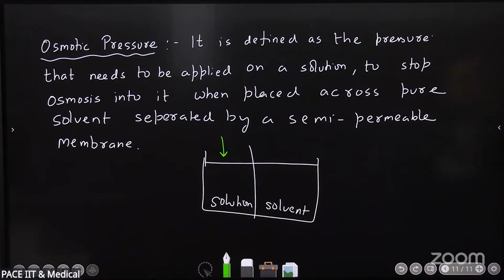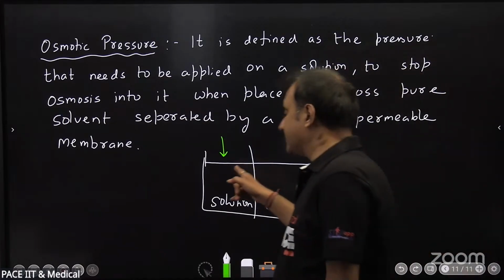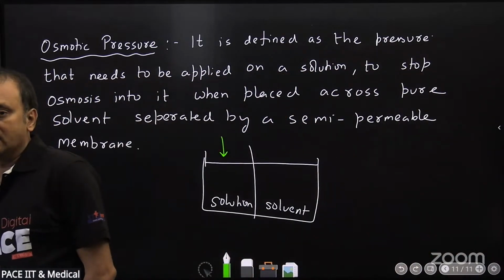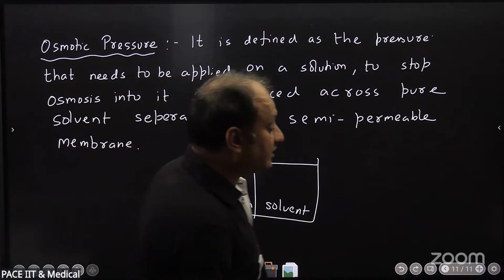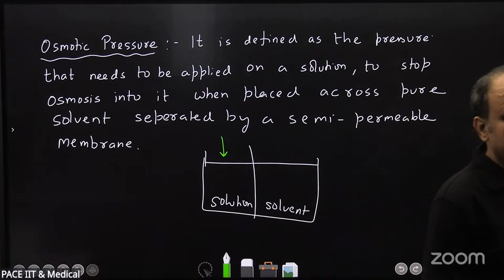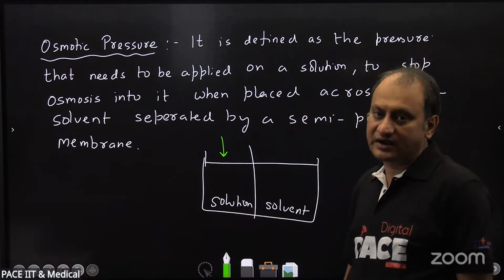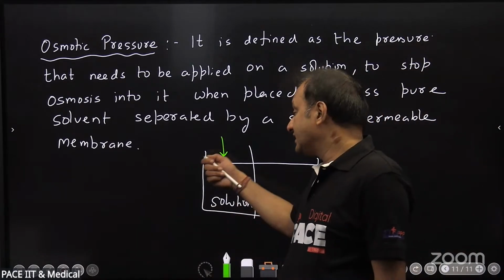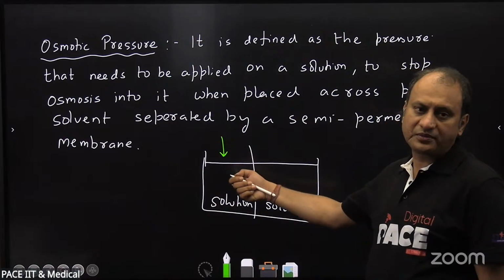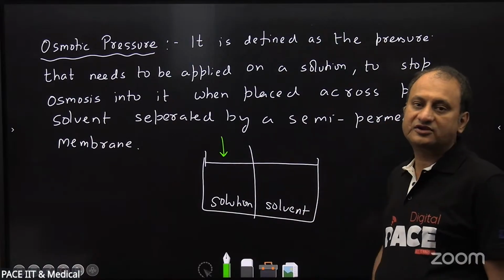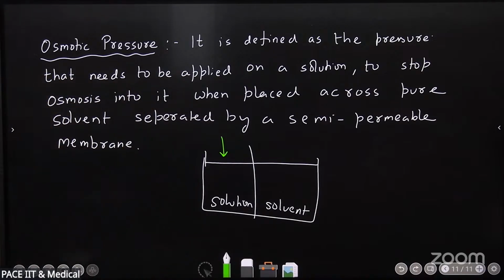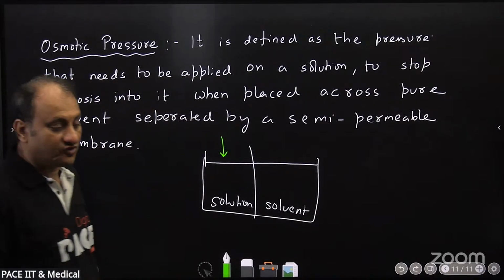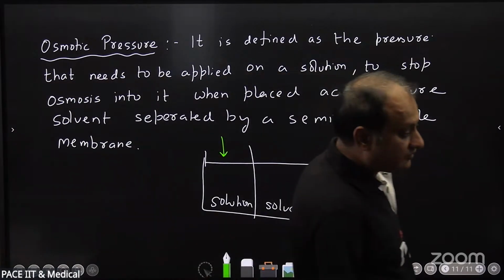So if we apply pressure equal to osmotic pressure over this solution, osmosis will stop. If we apply pressure greater than osmotic pressure on this solution, then reverse osmosis will start to happen. Then the solvent will flow from the solution towards pure solvent, net flow. Correct? And that is our technique in RO water purifiers, reverse osmosis.